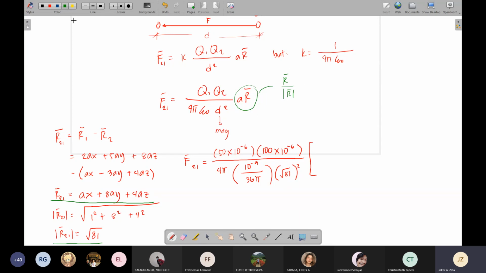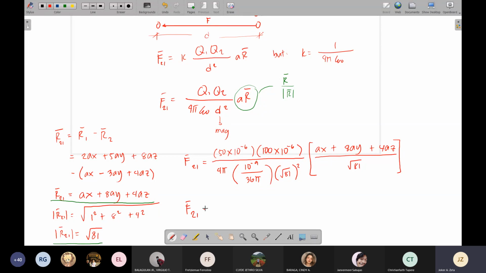But we already have both. So the vector ax plus 8ay plus 4az divided by the magnitude, the square root of 81. So that is your solution.